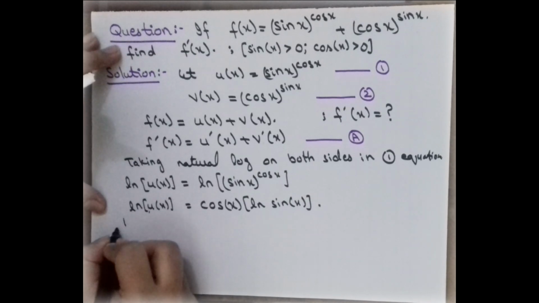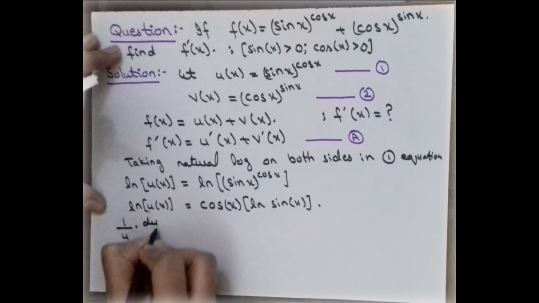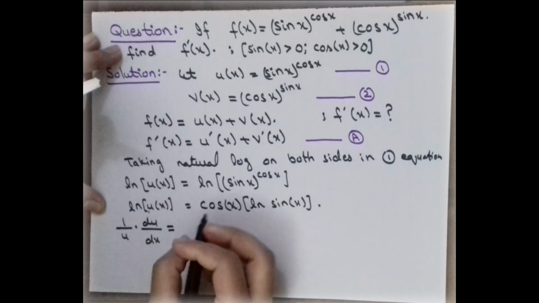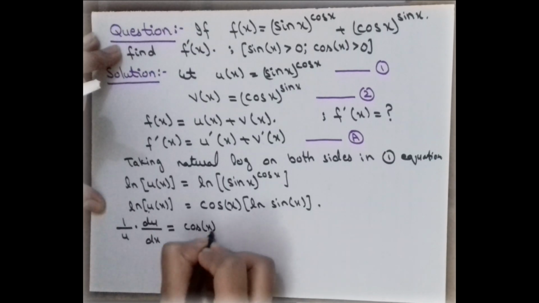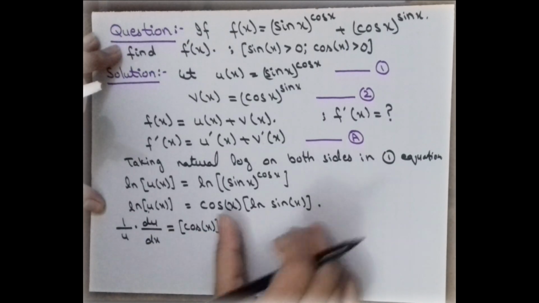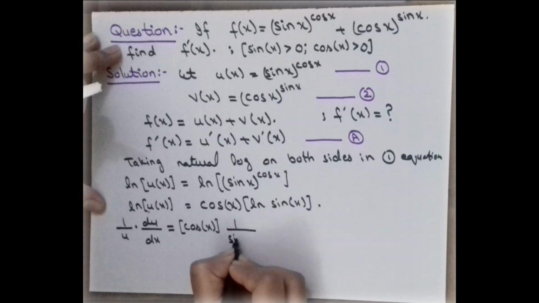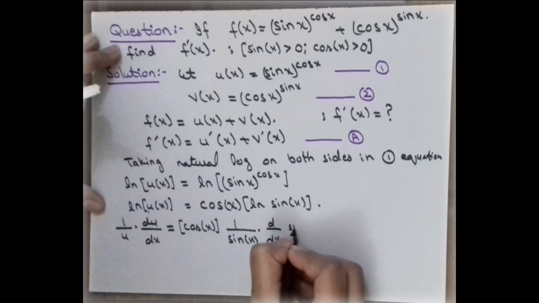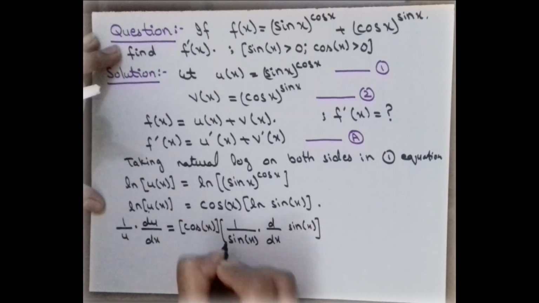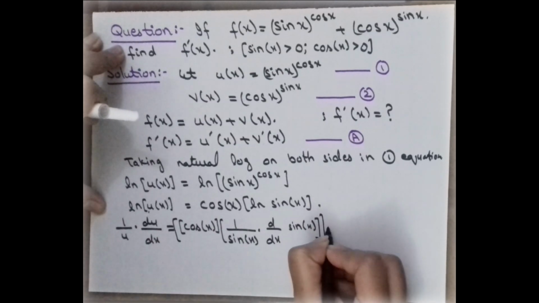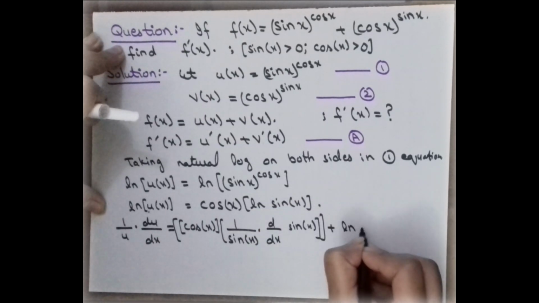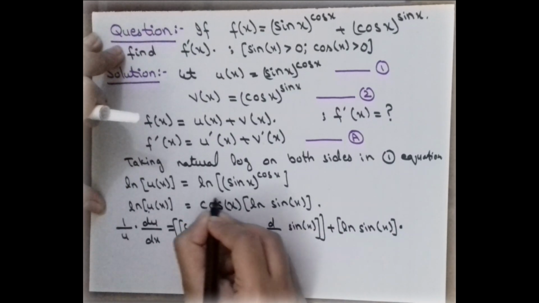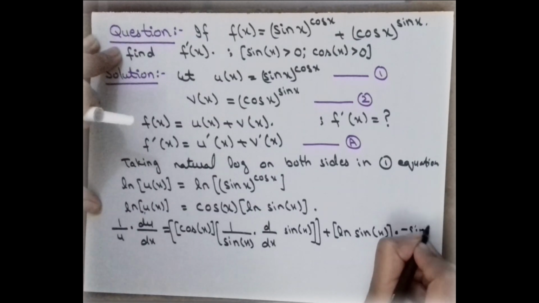So 1 over u times du over dx equals, applying the product rule: first function as it is, times the derivative of the second function, 1 over sin x times the derivative of sin x, which is cos x. Then the sign is plus, the second function as it is, ln of sin x, times the derivative of the first term, which is minus sin x.